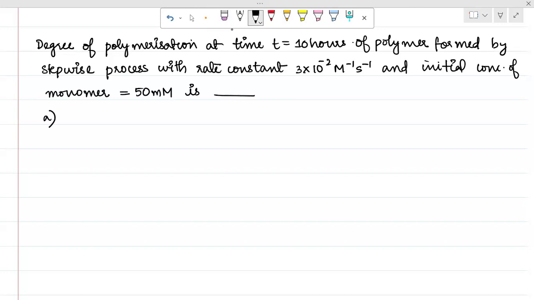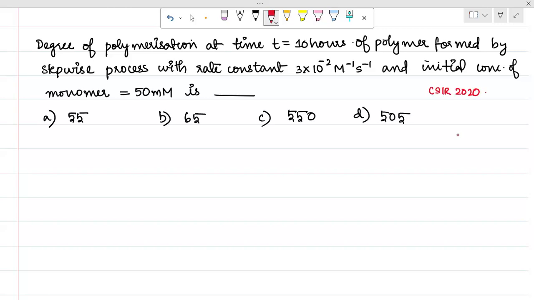So you have to find the degree of polymerization. Time is given, initial concentration is given, rate constant is given. Options are A 55, B 65, C 550, D 505. Question was asked in 2020. Okay.